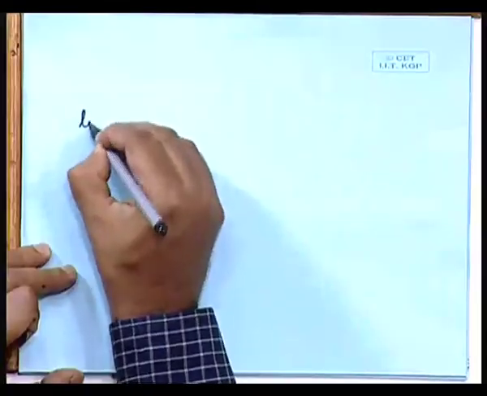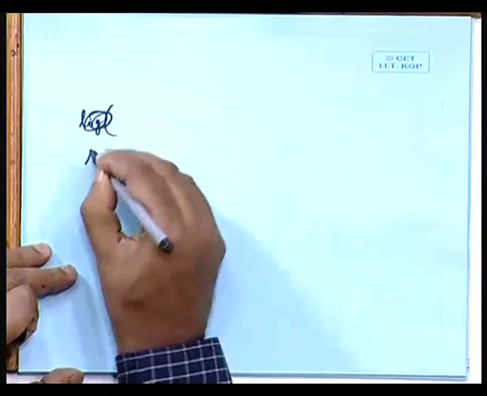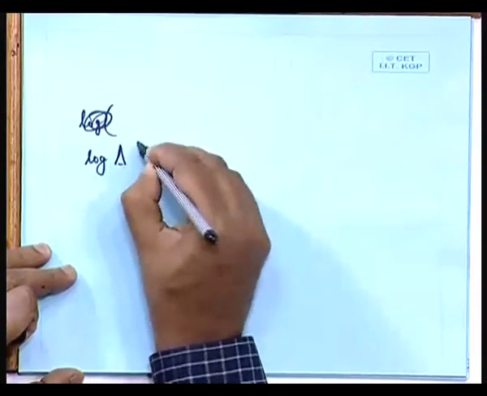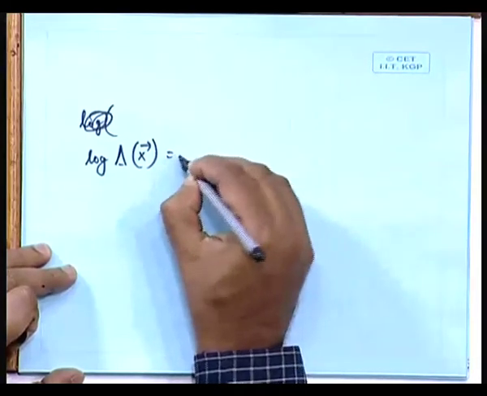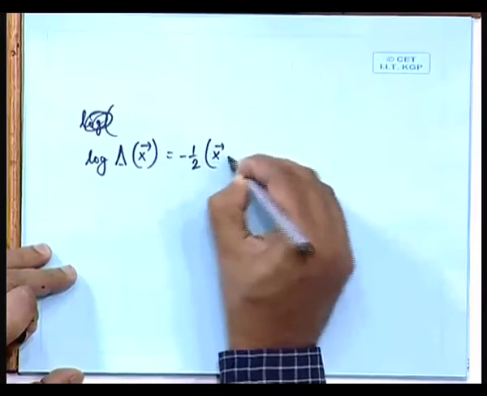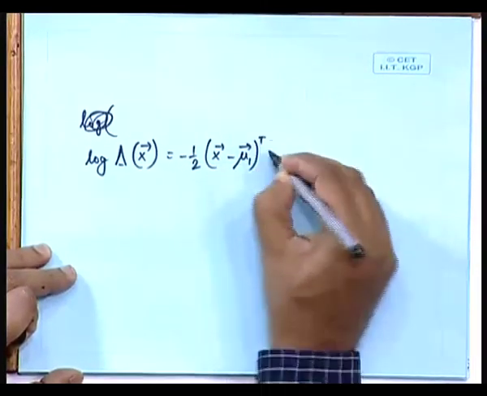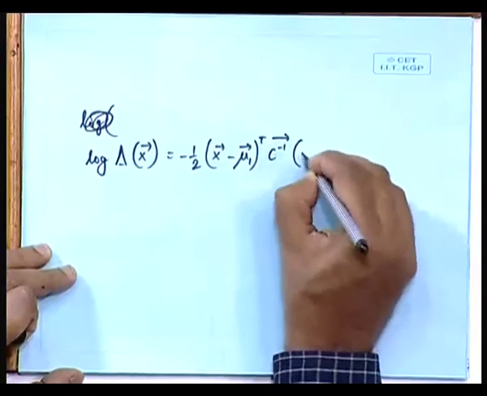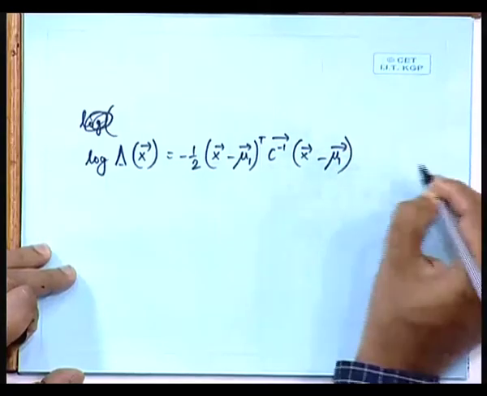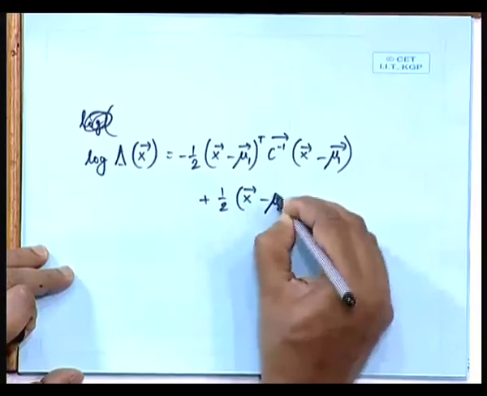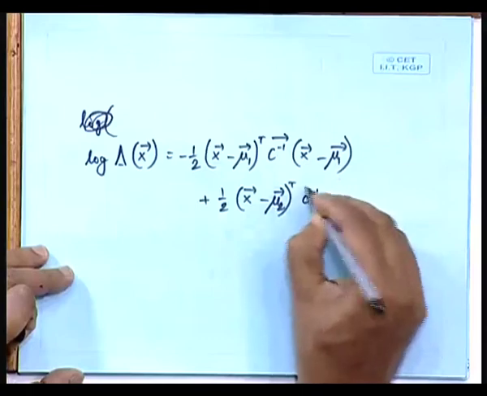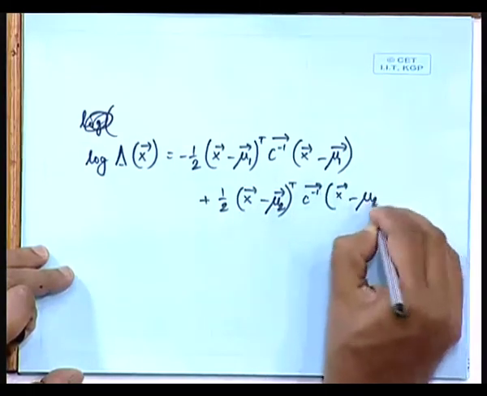So, if we take the natural logarithm of the likelihood ratio, we can write down this expression directly: the log lambda x vector, that is the log likelihood ratio, is going to be equal to minus half of x minus mu 1 transpose C inverse x minus mu 1, plus half of x minus mu 2 transpose C inverse x minus mu 2.